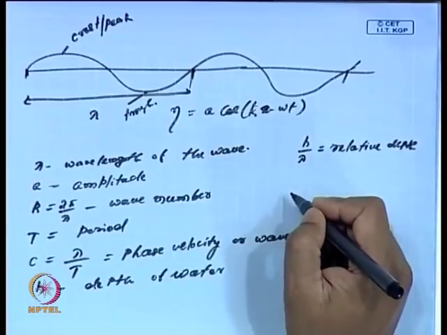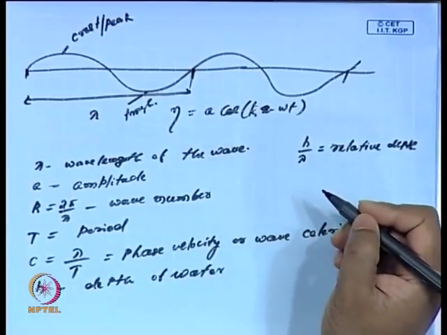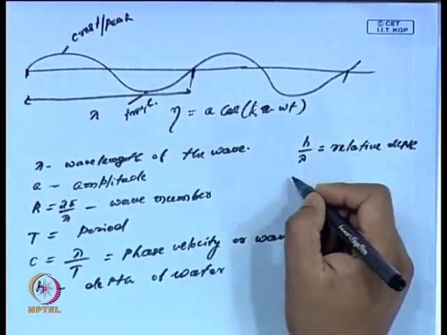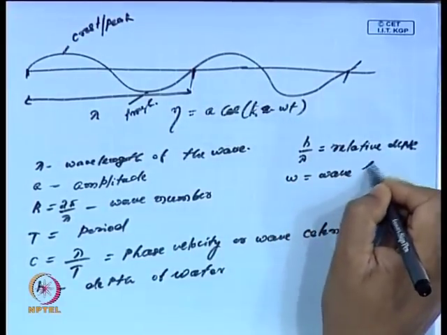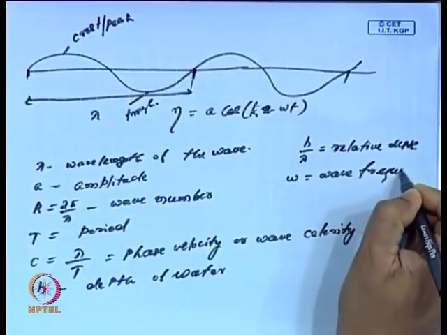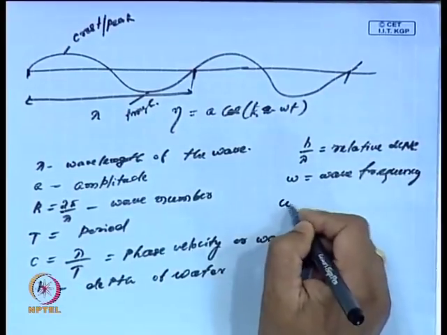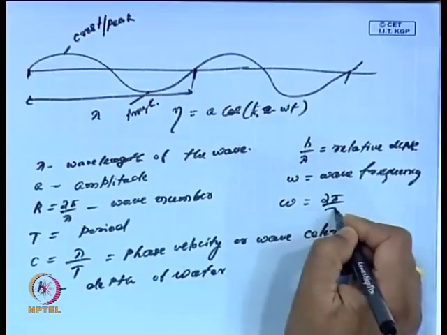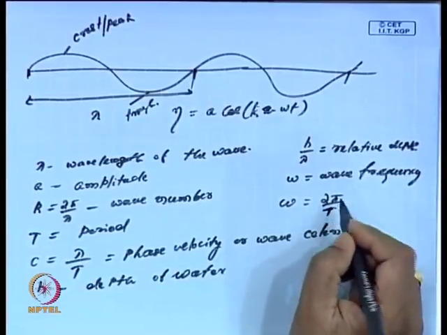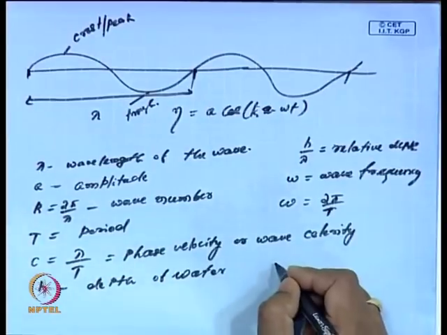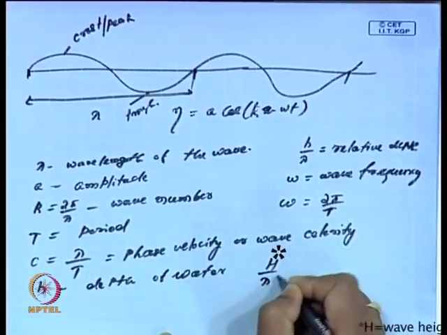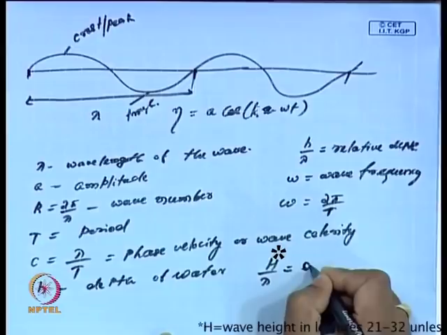And again we have omega, the frequency, called the wave frequency, then we have omega equal to 2 pi by T. Then we have another factor, that is H by lambda, called the wave steepness.